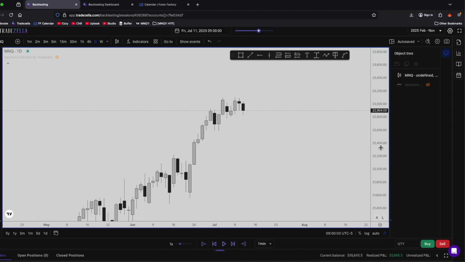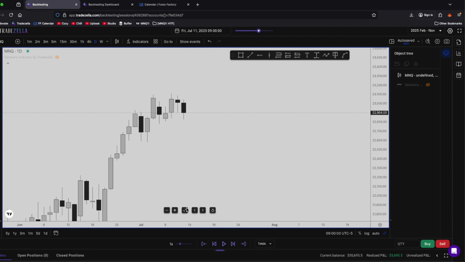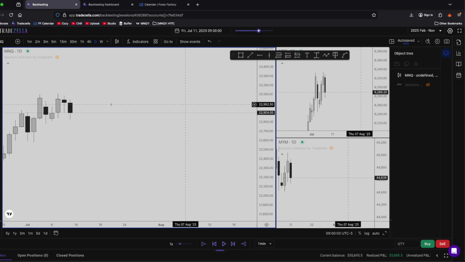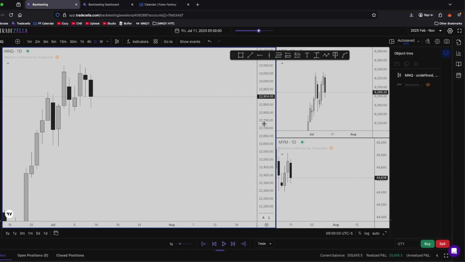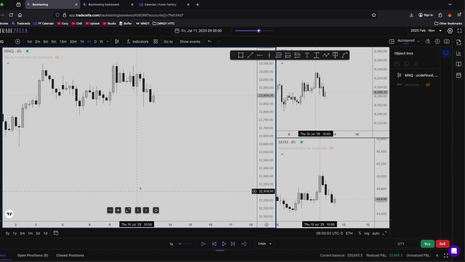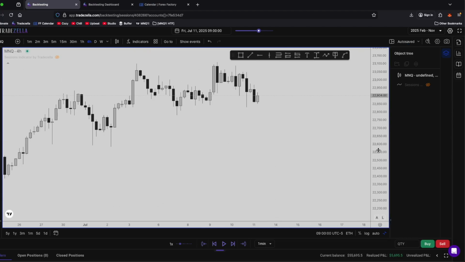Daily's kind of starting to look like it wants to roll over. Okay, so we have bearish SMT at these highs. Four-hour chart.